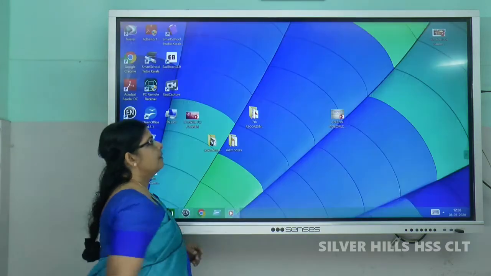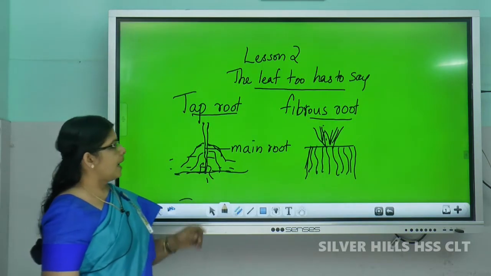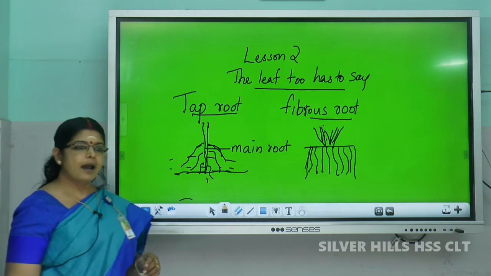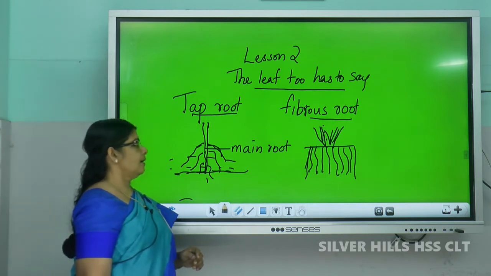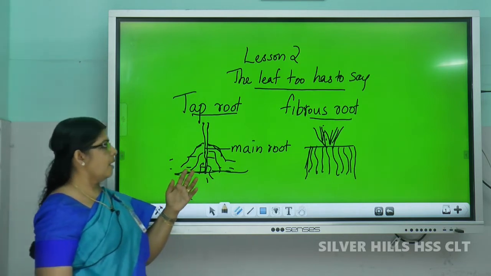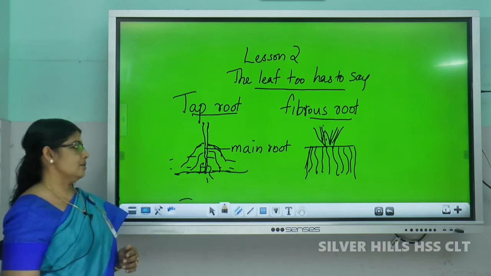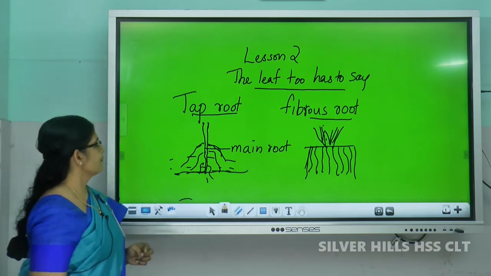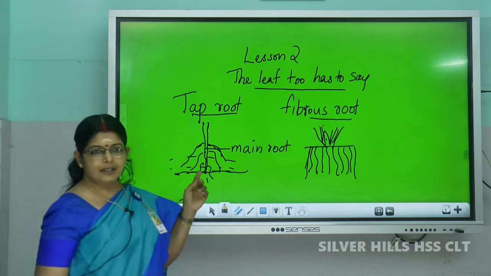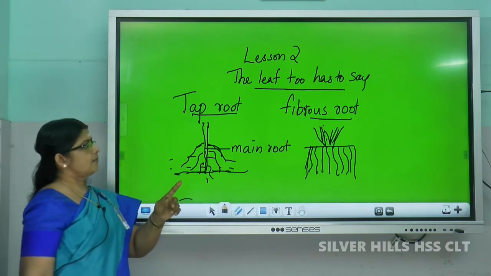For example, plants like paddy, then grass, bamboo, sugarcane, arecanut, all these have fibrous root system. So all of you understood what is the difference between taproot and fibrous root.